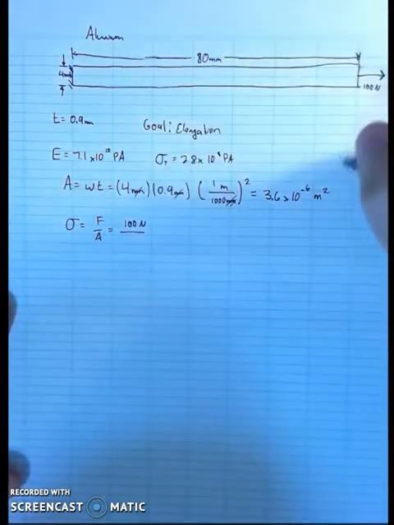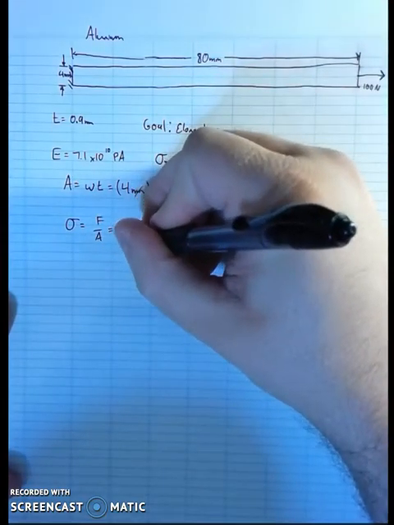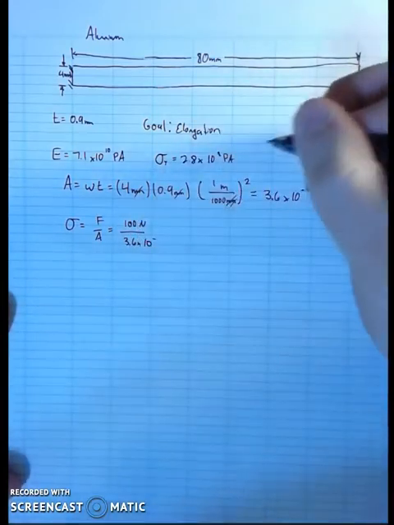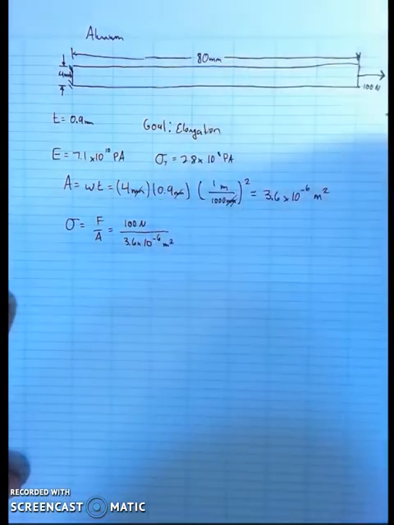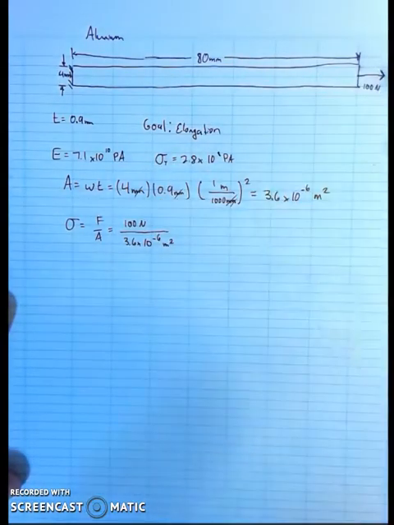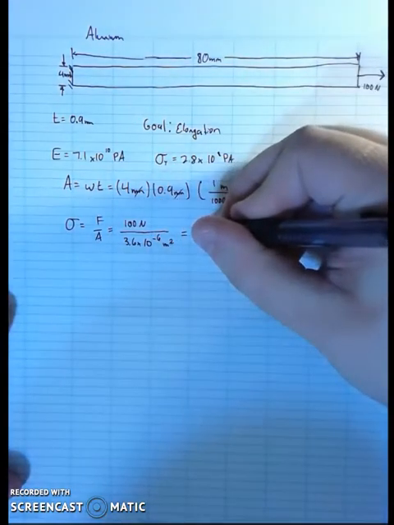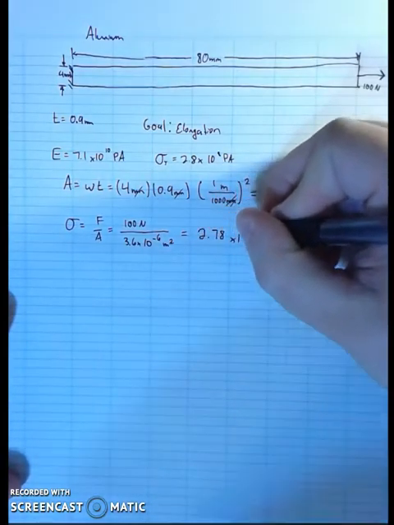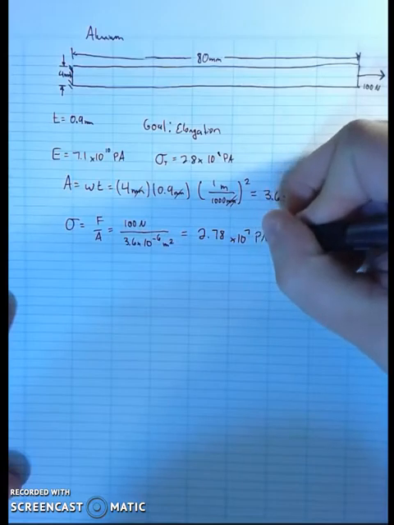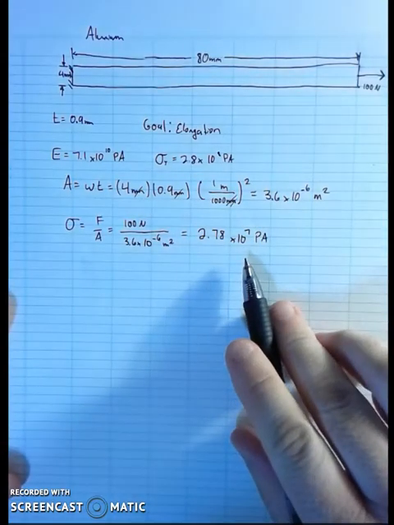And the area, which I just calculated, is 3.6 times 10 to the minus 6 meters squared. If I carry out that calculation, what I end up with is a value of 2.78 times 10 to the 7th pascals. So that's my stress.